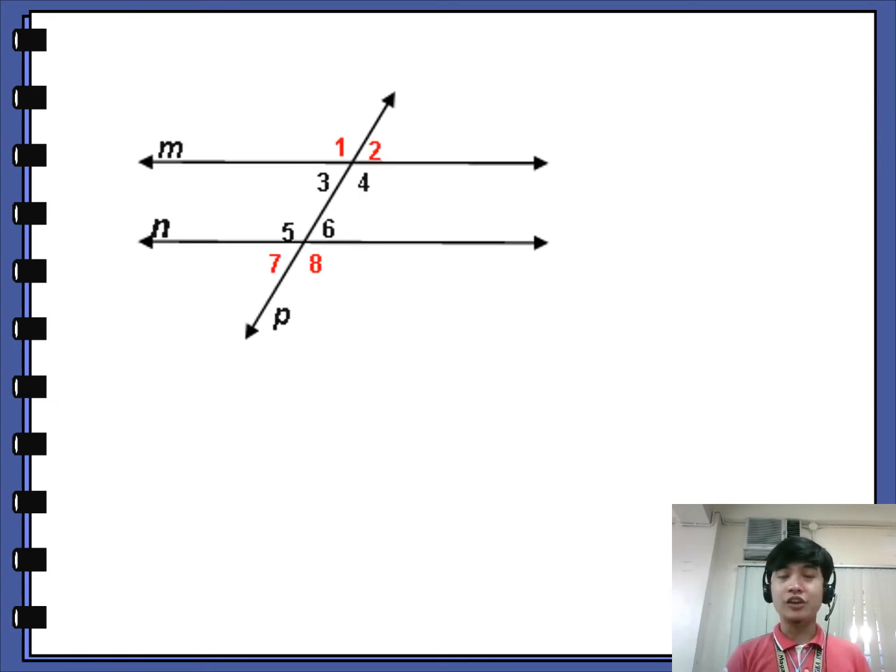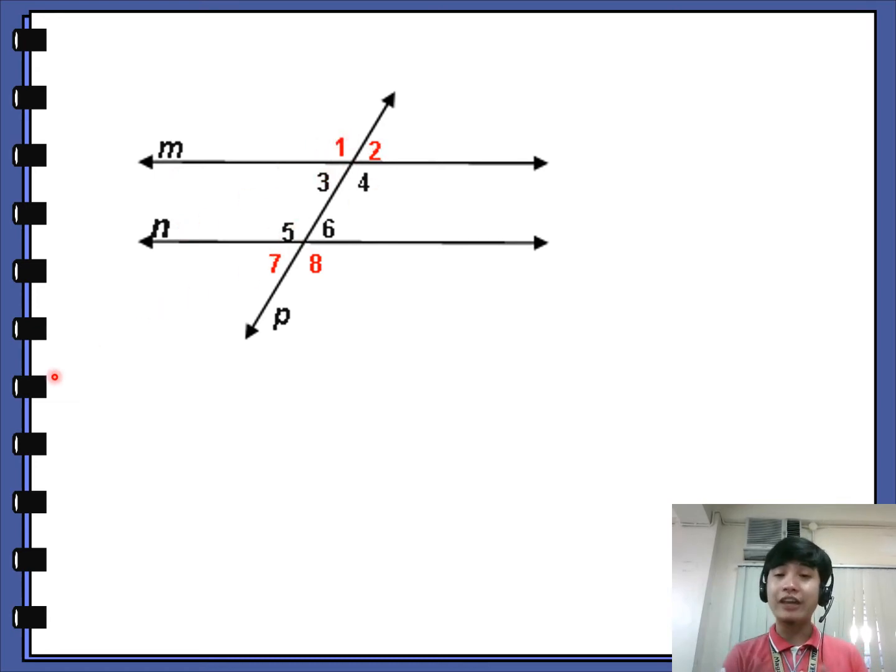Okay, so for this part naman, ating pagtutuunan ng pansin yung mga angles sa loob ng parallel lines and transversal. Okay, so ito po yung kinat ni line P, si lines M and N, wherein si line M is parallel to line N, may mga angles pong nabubuo dyan.